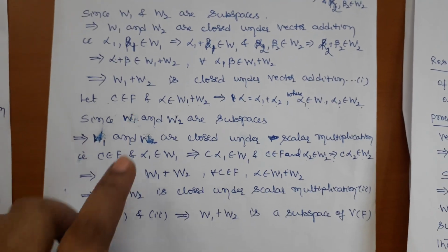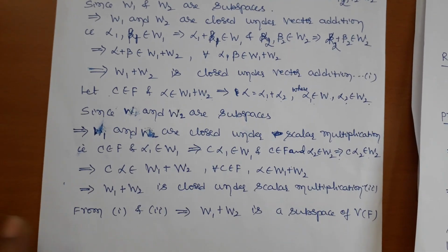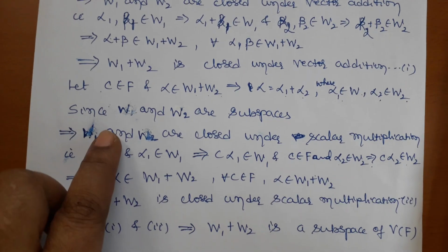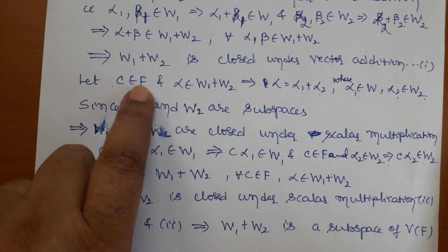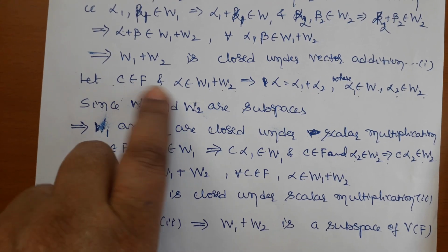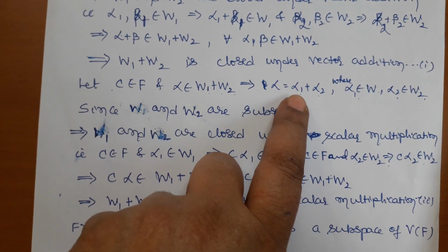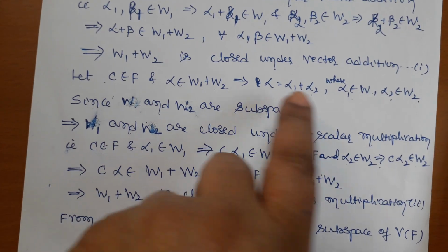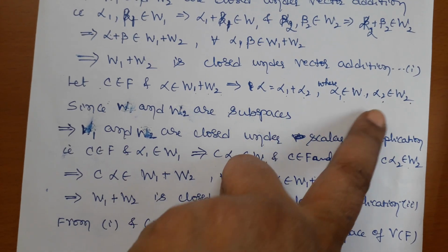Similarly, I have to show closure under scalar multiplication. Now, how to show that? I choose a vector alpha belonging to W1 plus W2 and a scalar c belonging to F. Then alpha is alpha 1 plus alpha 2, where alpha 1 belongs to W1 and alpha 2 belongs to W2.